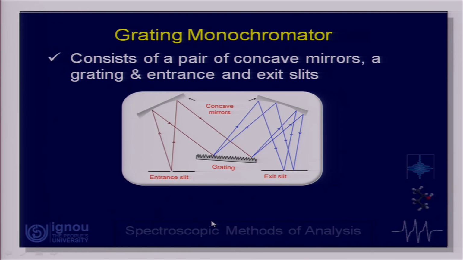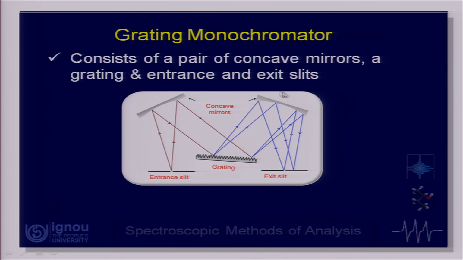This is what is used in the grating monochromator. Here again, as in the prism monochromator, there are two slits, one an entrance slit and one an exit slit. Of course, as against lenses, we have concave mirrors in this case, and then we have a grating. The mechanism is the same again. Radiation from a source is made to pass through the entrance slit, and then this concave mirror makes it fall onto the grating, and after reflection it goes over here.